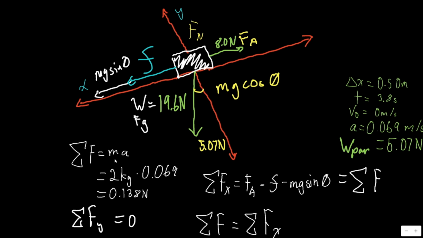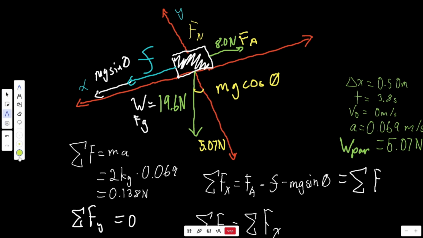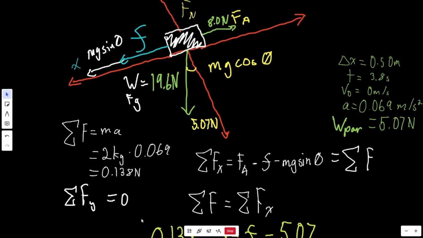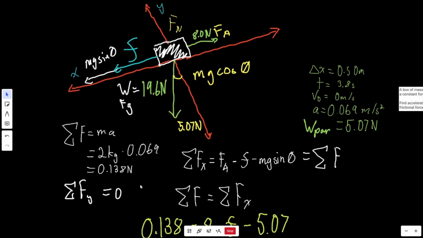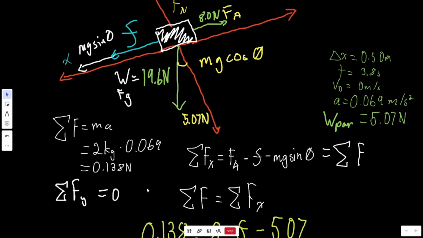And this is because of the third law, the action-reaction law. That brought us to the conclusion that the forces on the y-axis are equal to 0, so they technically don't matter. Since that's equal to 0, the only axis we need to care about is the x-axis, which is how we arrived at this formula: the summation of forces should be equal to the summation of forces on the x-axis.